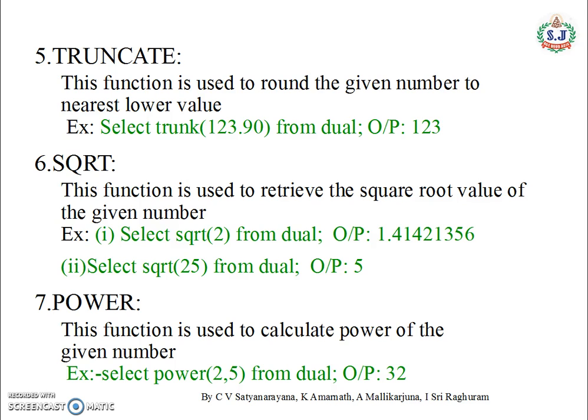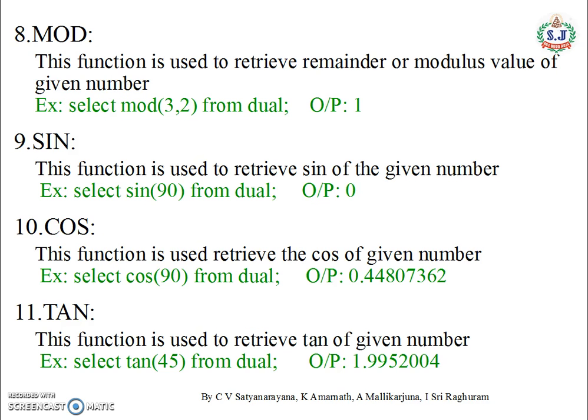If we give the values as a part of a query in this manner using the power function, the result we get is 32, since 2 to the power 5 is 32, as we all know. Next function is mod function. The mod function, when we apply to the numbers 3 2, the output we get is 1. This mod function is used to retrieve remainder or modulus value of a given number.